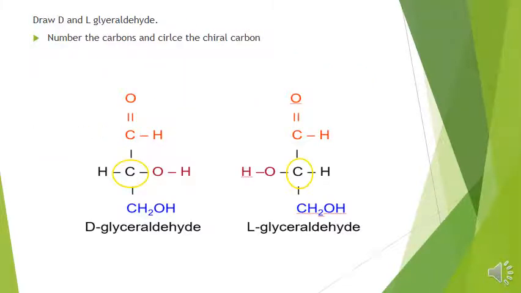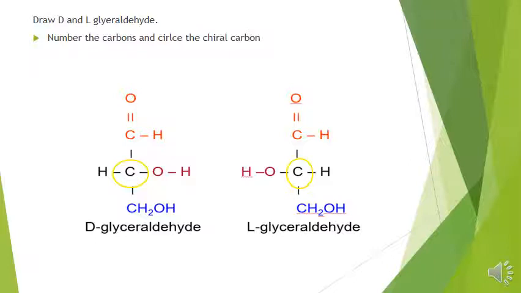For instance, this is glyceraldehyde, from the previous slides a couple weeks ago. Now what we want to do is look at each one of these carbons and decide if they are chiral. We look at this carbon down here.